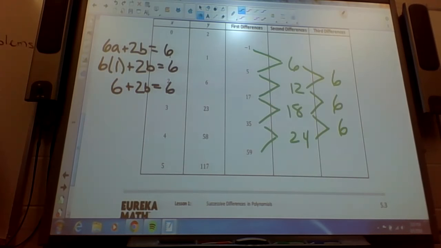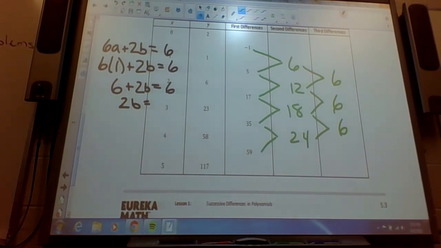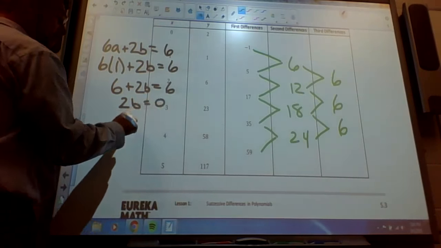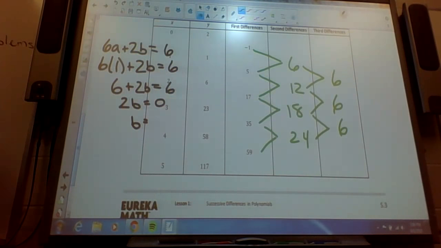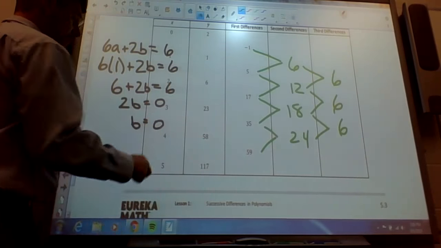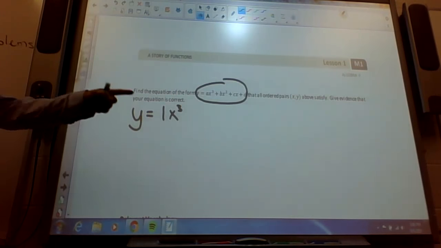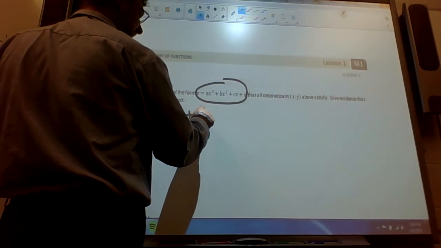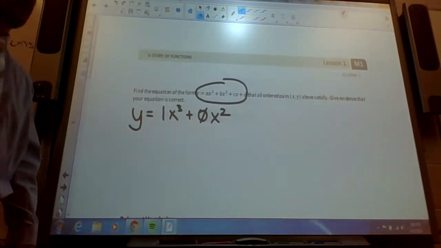How do I isolate the 2b? Subtract 6. So I get 2b equals what? 0. What does b equal? 0. So I got plus 0x squared, and we're going to write it in there just to keep track of it for now.